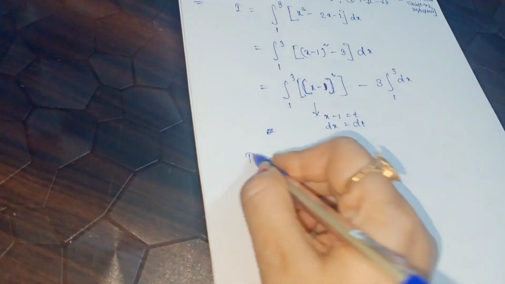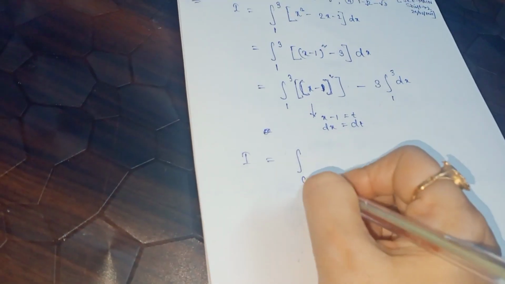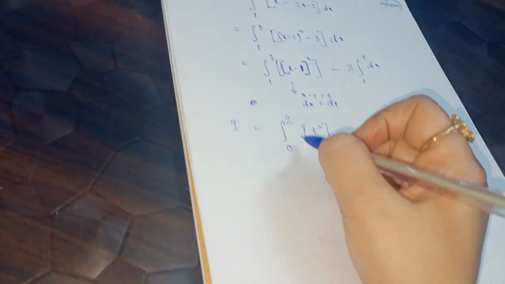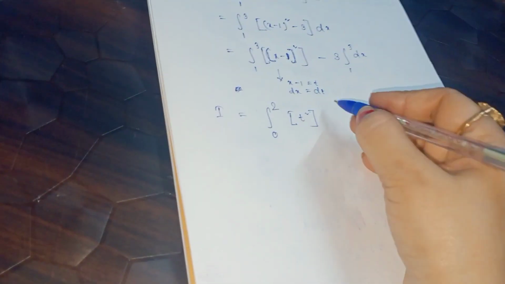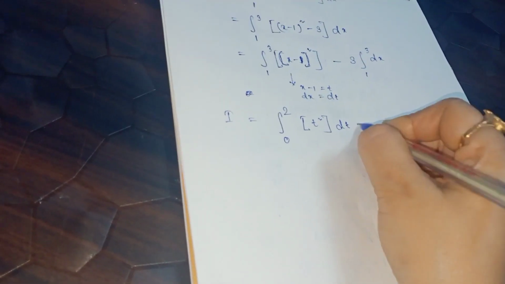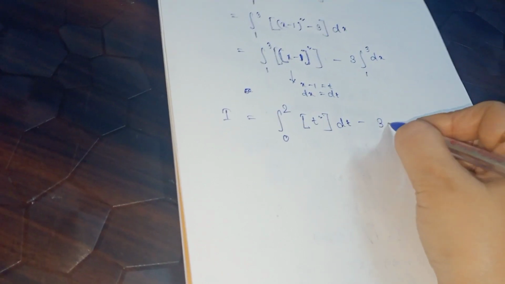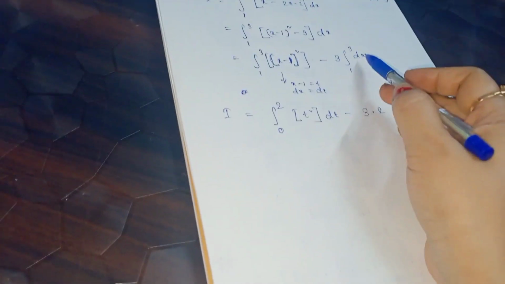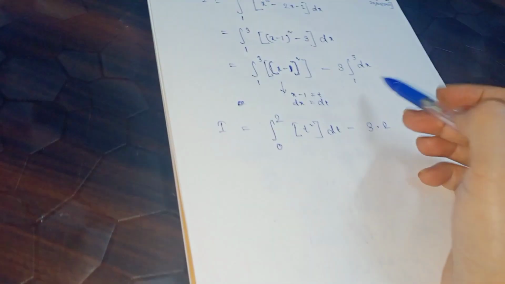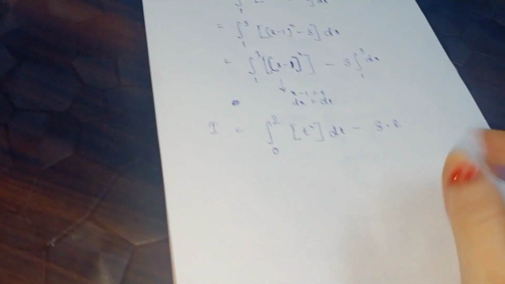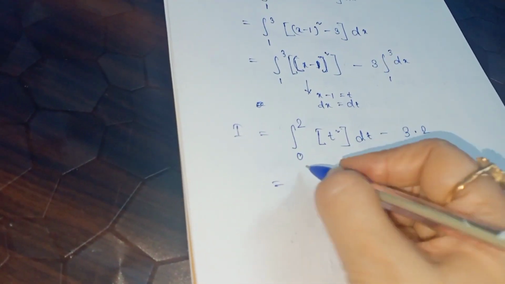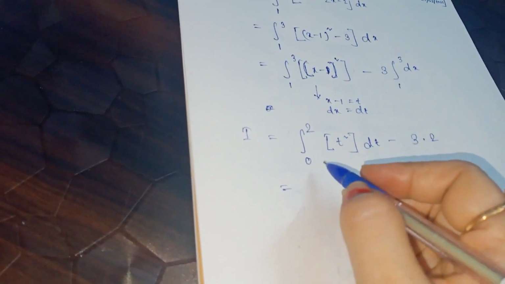So I is equal to integration 0 to 2 of the greatest integer function t square dt minus 3 into 2, because the limit is changed here, and 3 minus 1 is equal to 2. Now break this one.